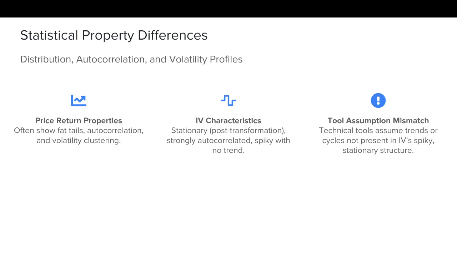These traits of IV violate core assumptions of many technical tools that expect cyclical or trending behavior. So analysts must switch from signal-based approaches to statistical modeling tailored to the high-noise, low-signal environments typical of IV.